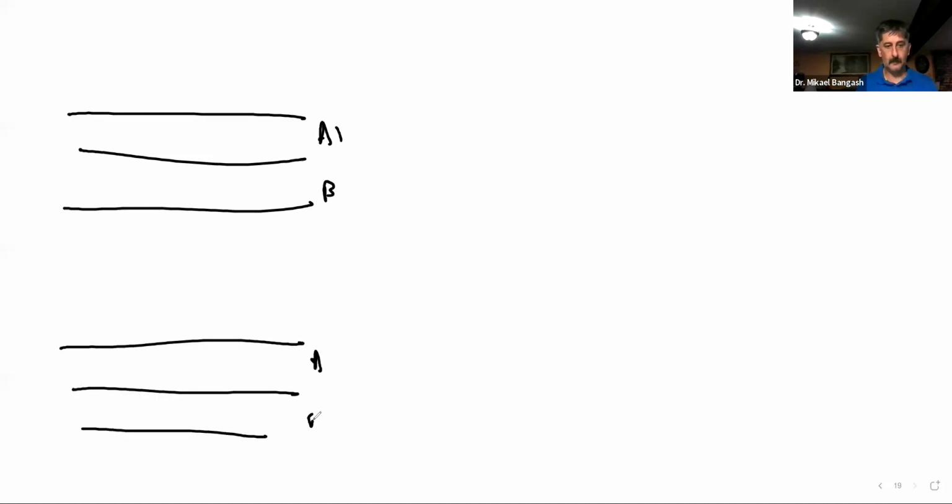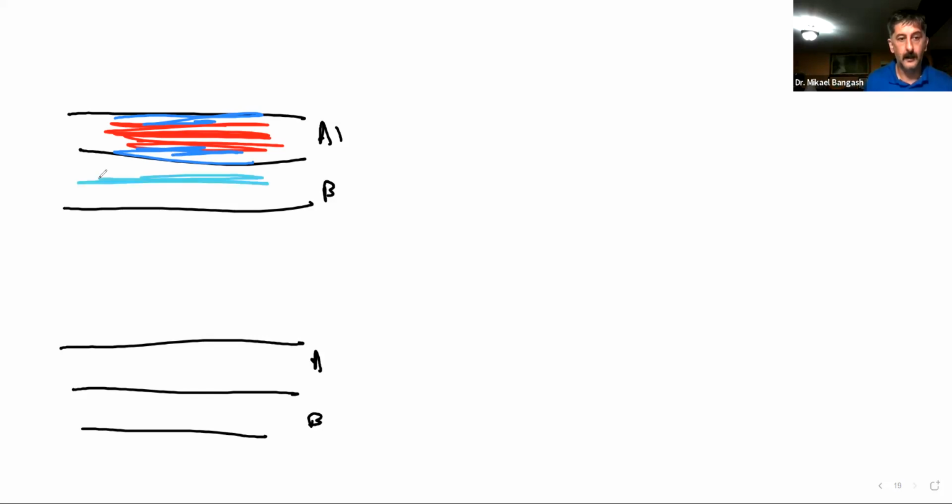Let's do it this way: A and B. Now let us say that in vessel A we had aliasing, whereas in B we only had a low Doppler shift.